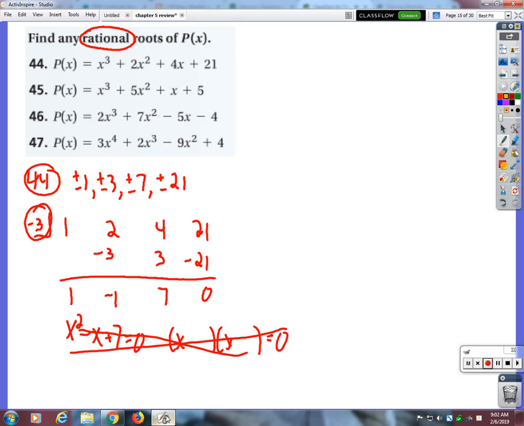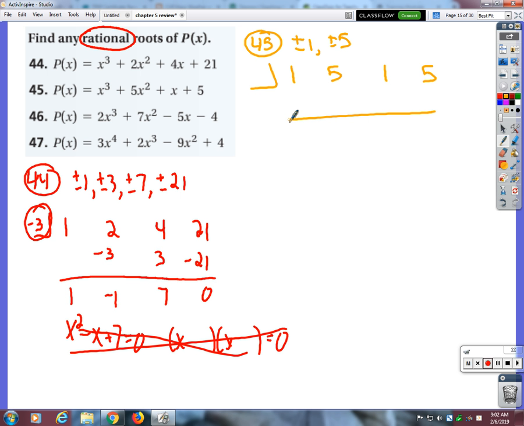Alright, Carter, how about for 45, let's list our possible ones first. What are the factors of 5? Just 1 and 5. So I've got 1x cubed, 5x squared, 1x, and 5. Do you guys see why Max and I were talking and figured out that the one had to be negative?